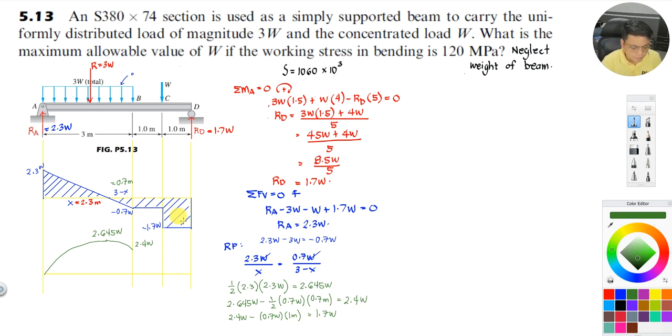And then from 1.7 of W, we subtract this area: 1.7 of W multiplied by 1 meter, so again you will have 0 here. So this is now your moment diagram.